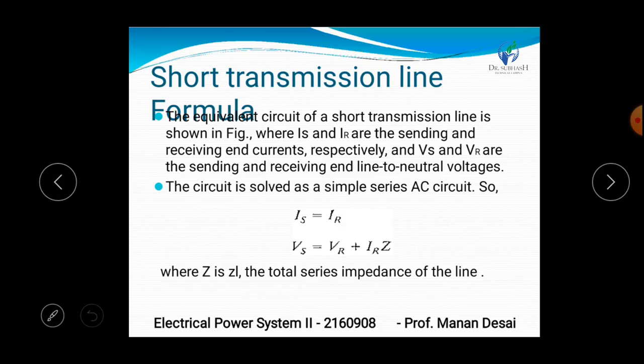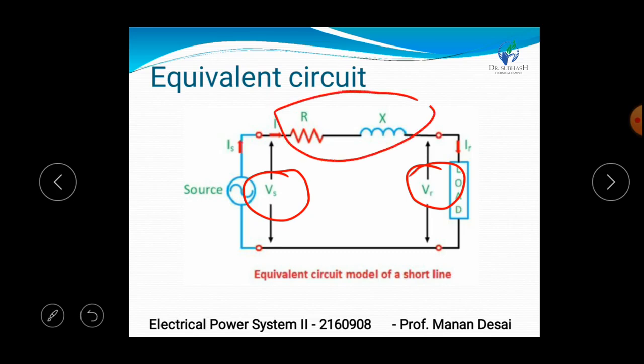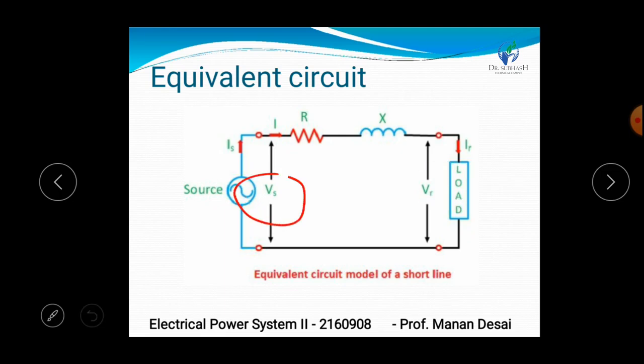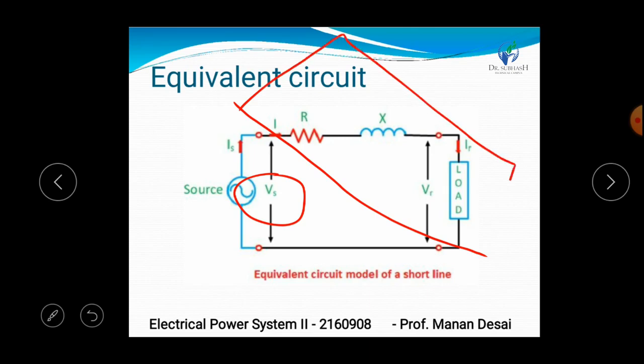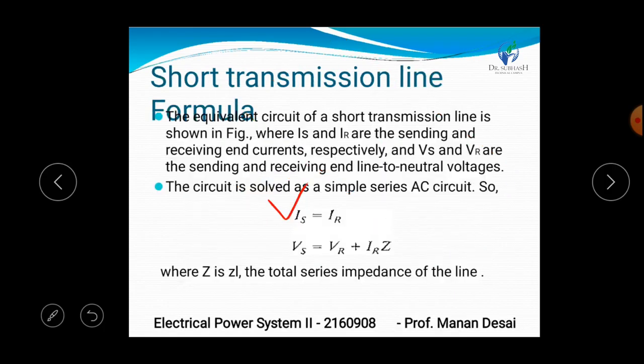Now we solve: IS is equal to IR, and Vs is equal to VR plus IR Z, means Vs is equal to VR plus IR Z.